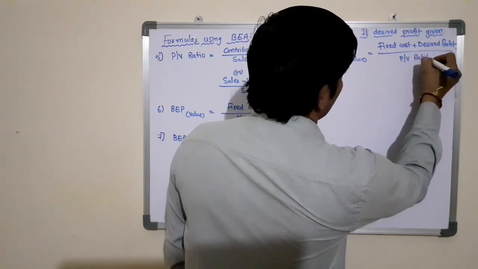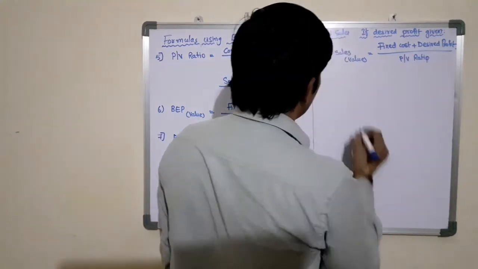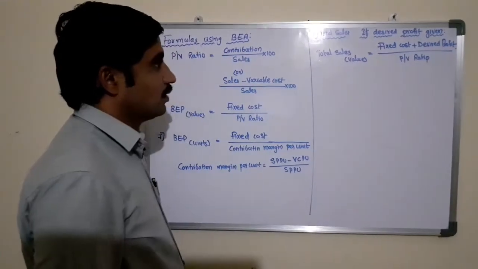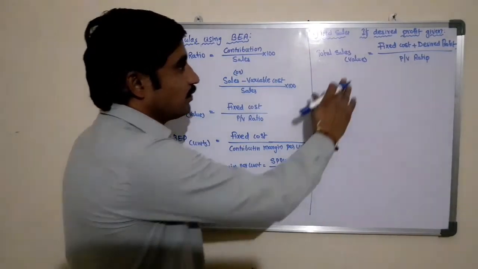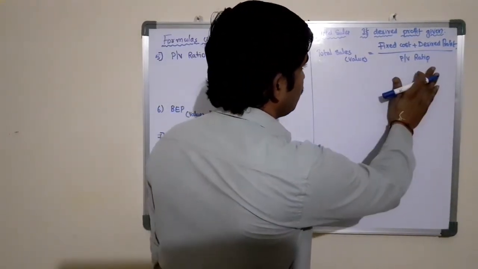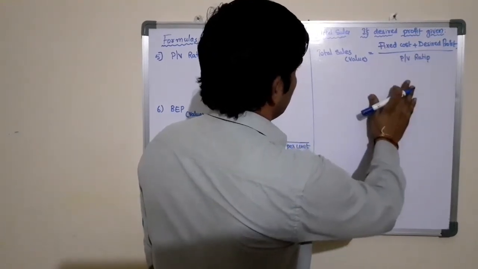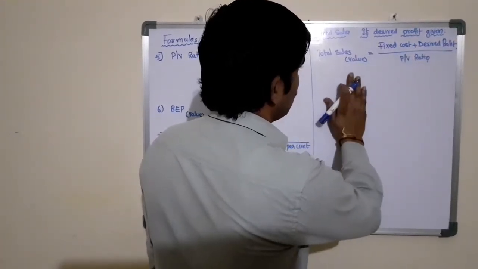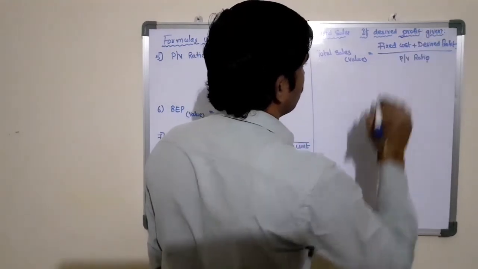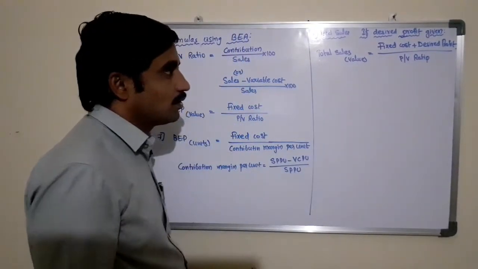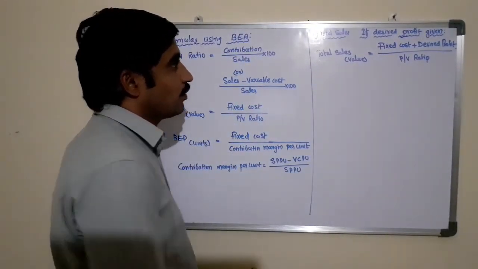This is a formula used to calculate the total sales to conduct in terms of value in order to estimate the total sales, in order to achieve the desired profits.